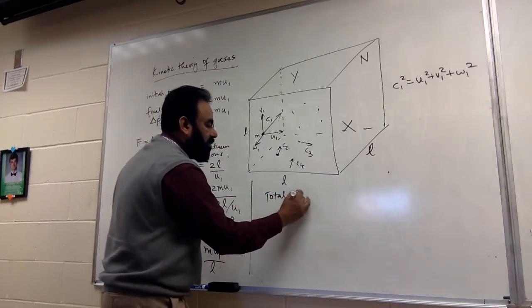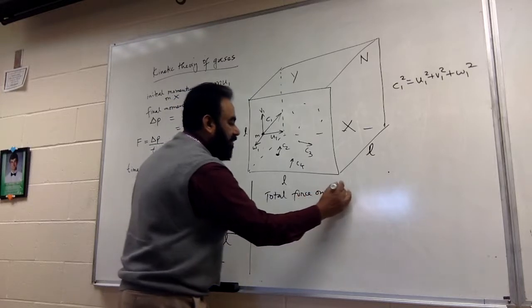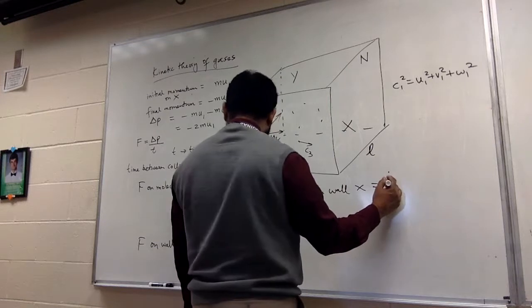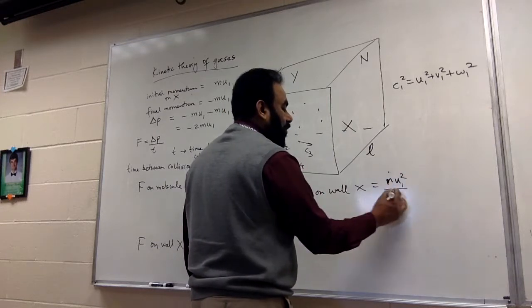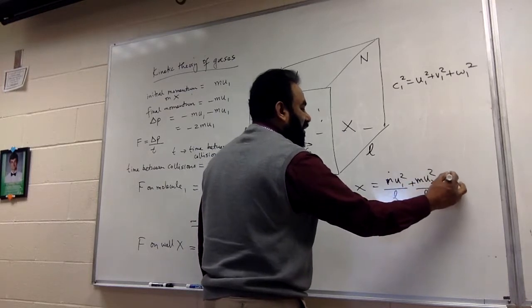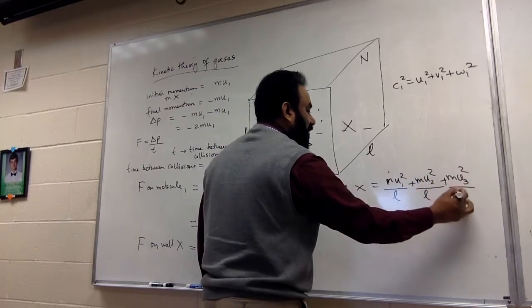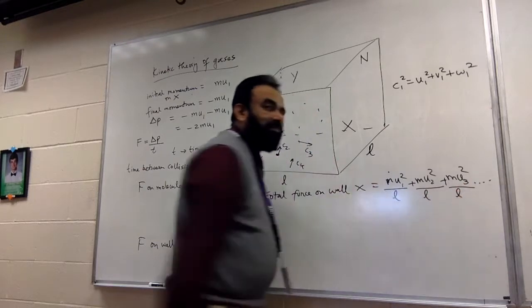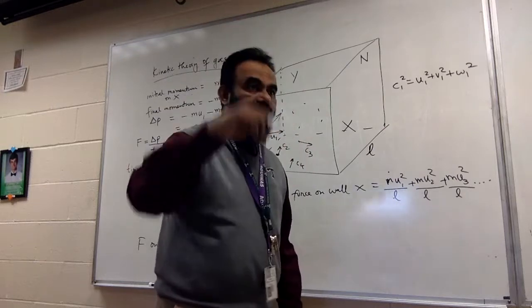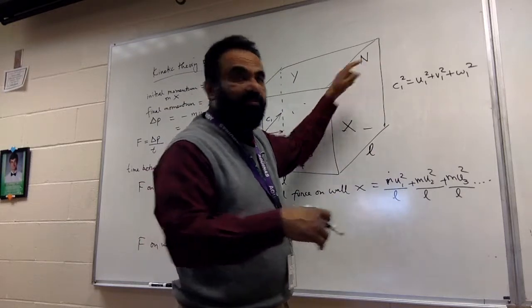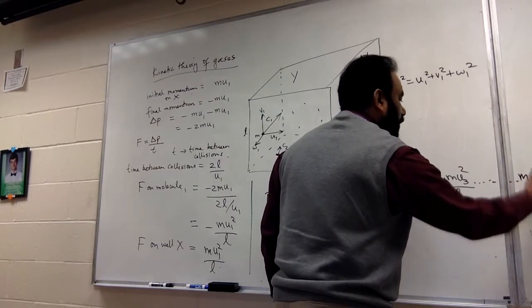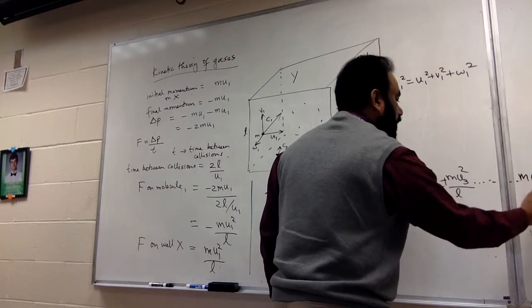That will be m u1 squared over L plus m u2 squared over L plus m u3 squared over L, and so on, till m un squared over L. There are n of them.